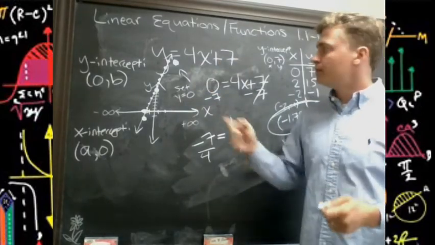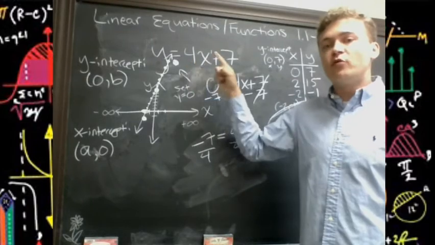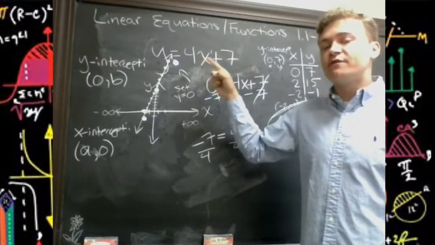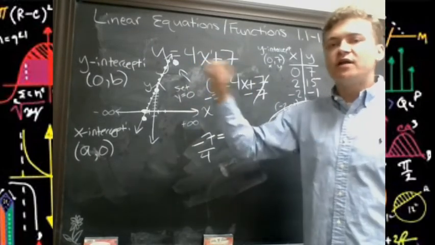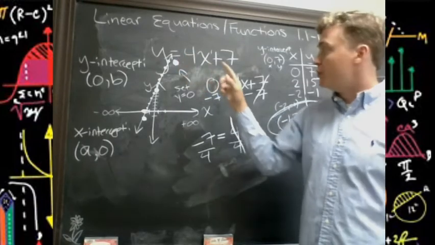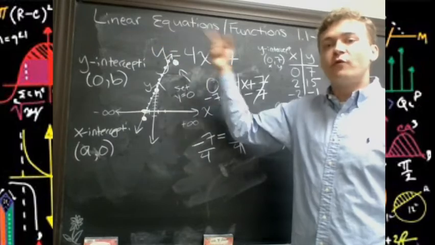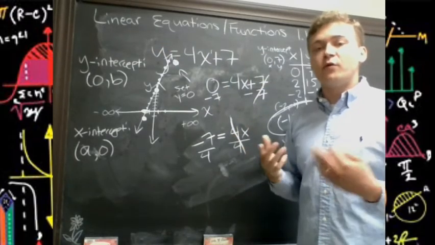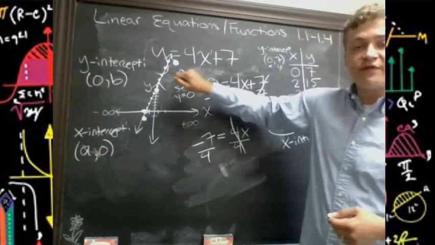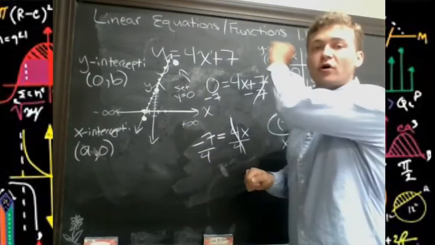How do we do that? Solve for the variable y, and once you solve for the variable y, just start plugging numbers in for x. When you plug numbers in for x, do the arithmetic, get a y value for your ordered pair, and you will have found an ordered pair solution. Graph those ordered pairs and then draw the line through them.